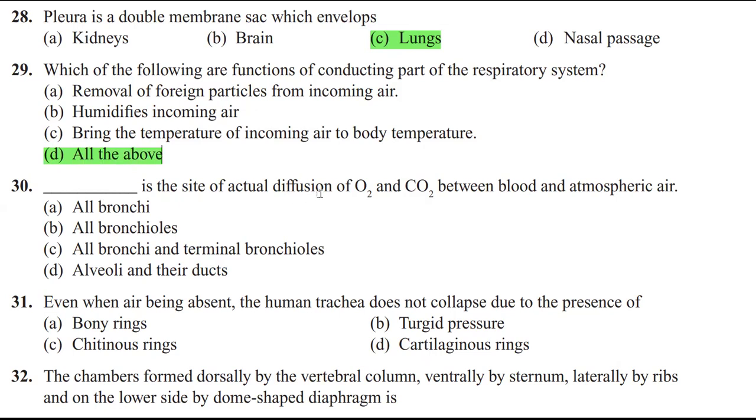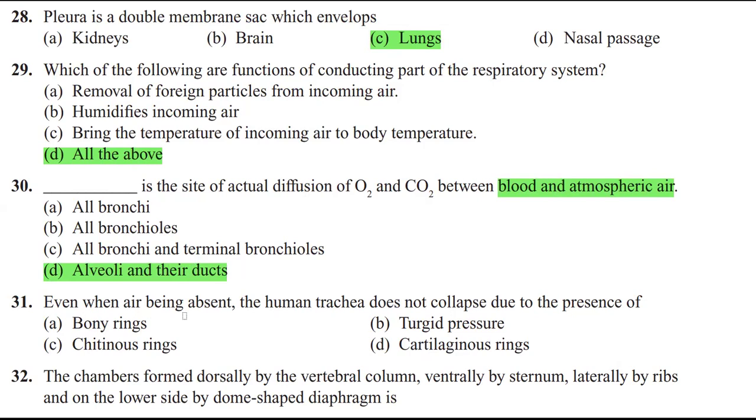Dash is the site of actual diffusion of oxygen and carbon dioxide between the blood and atmospheric air: all bronchi, all bronchioles, all bronchi and terminal bronchioles, alveoli and their ducts. So the option is D, alveoli and their ducts.